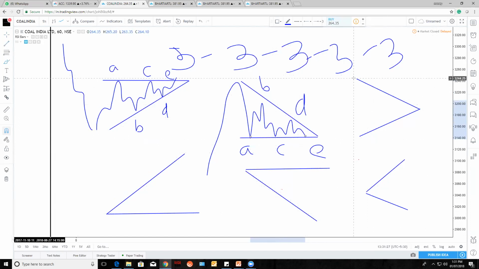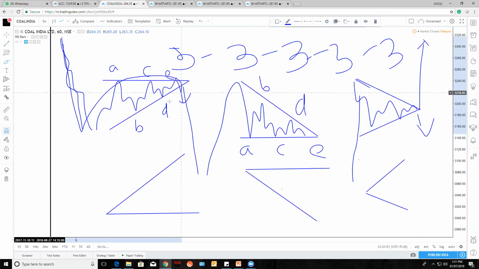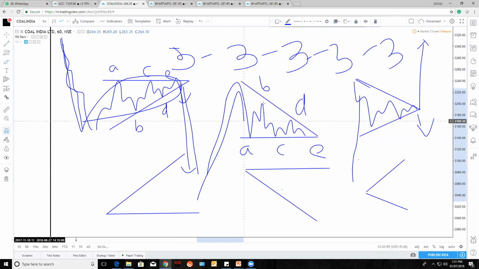So here, let's say it's again a three-wave structure internally. So what will happen whenever it is coming like this, whenever it gives a breakout, it will go like this, or if it gives a downward breakout, it may go down. If it is coming from the top and gives a breakout here, it will go down. Means it will stay in the trend only. If it is going down, after the triangle breakout, most of the time it will go down. If it is going up, after the triangle it may go up.